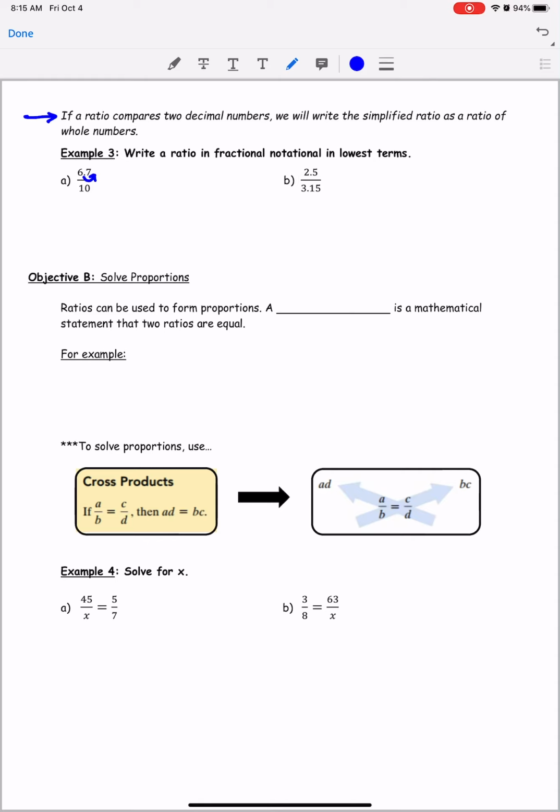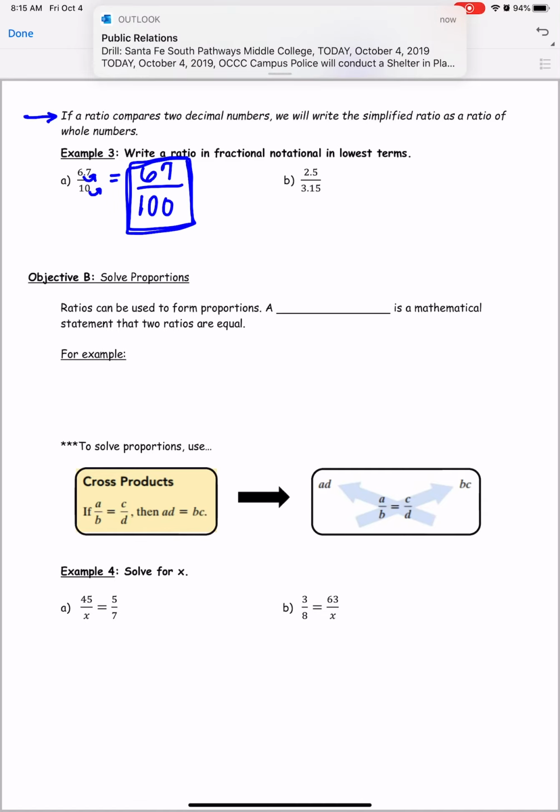So if I'm moving that decimal once to the right to make that into a 67, then I've got to do the same thing to the bottom. Your decimal's in the back, if you don't see it. So I'm going to move it one time over and put a 0 as a placeholder. So that's going to become over 100. Now, can I reduce? Well, 67 is a prime number, so no, I cannot. But if you can reduce, you need to reduce.